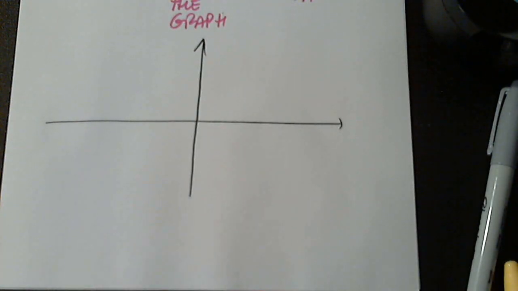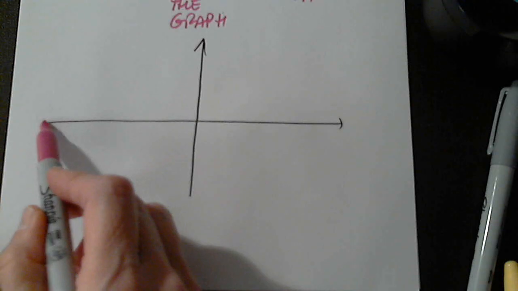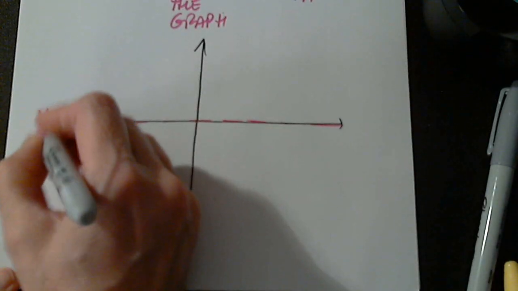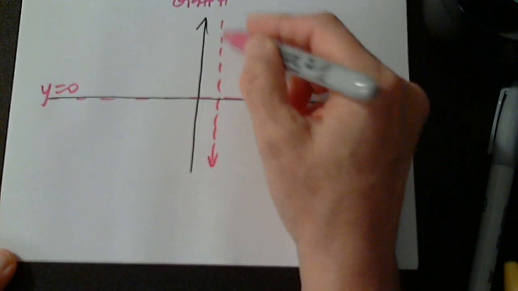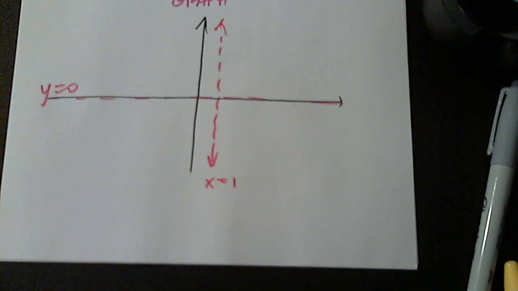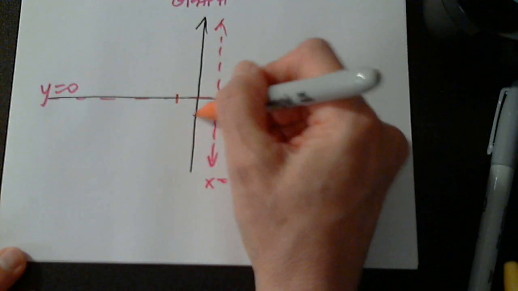First, the asymptotes. Well, of course, this is an overkill because it's already there. Then I have x equals 1. And now I'm ready to graph. Here it is. And -1 is -1/2.